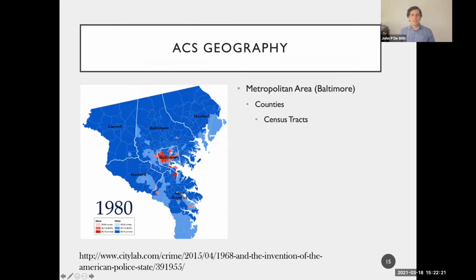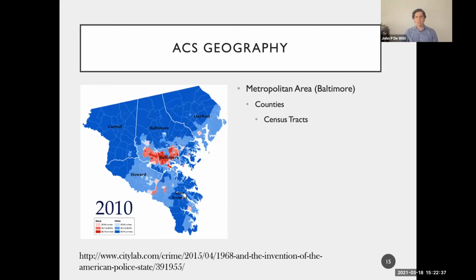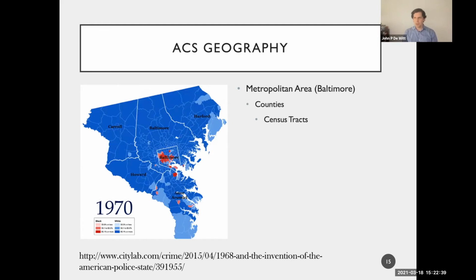As you saw on the last slide, the geographies are oftentimes nested or hierarchical. So I just like showing this map showing changes in the racial composition of the census tracts in the Baltimore metropolitan area. As you can see, the smallest level geographies that are outlined are census tracts, which average about 3,000 to 4,000 people per tract.